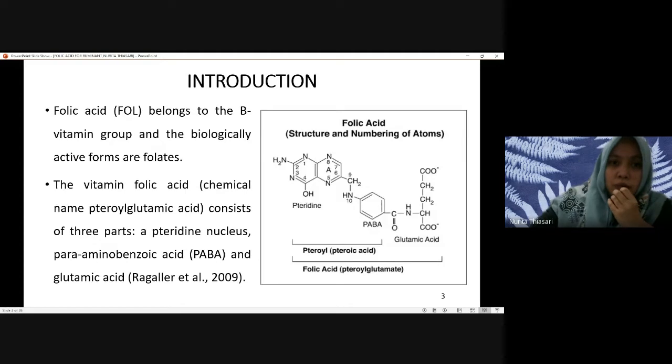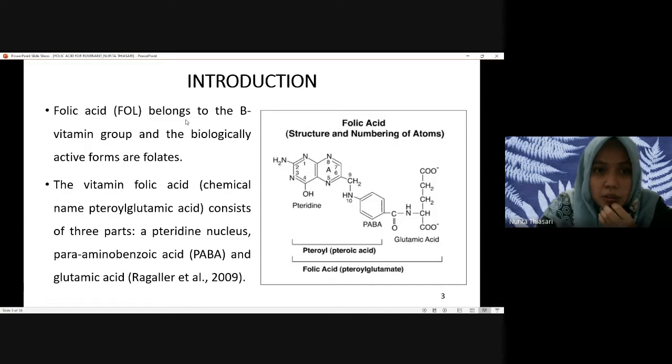I would like to start with the introduction. Folic acid belongs to the vitamin B group, and the biologically active forms are folates. The vitamin folic acid, the chemical name is pteroylglutamic acid, consists of three parts: a pterin nucleus, para-aminobenzoic acid or PABA, and the last one is glutamic acid.